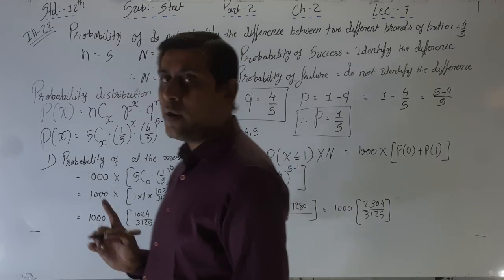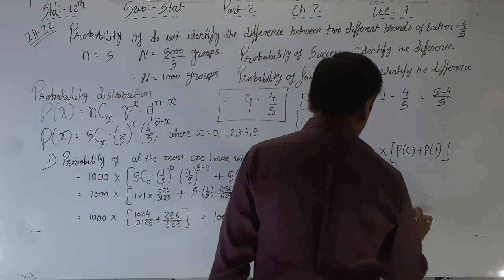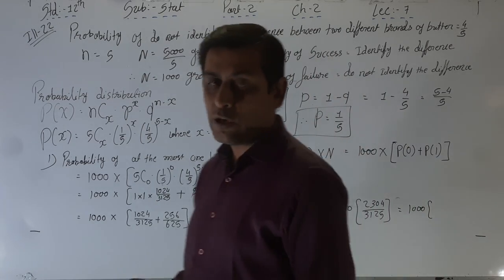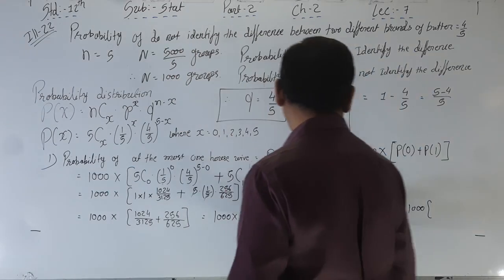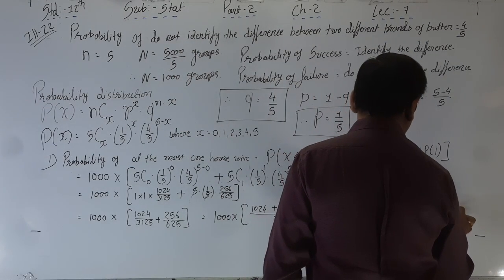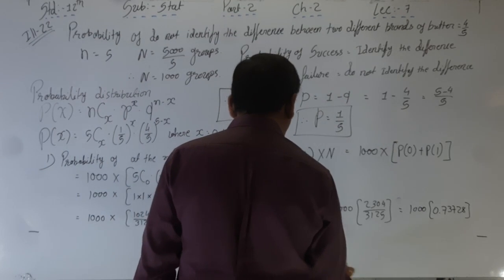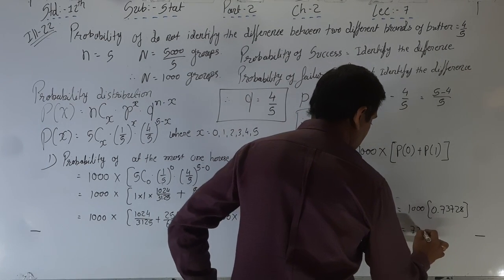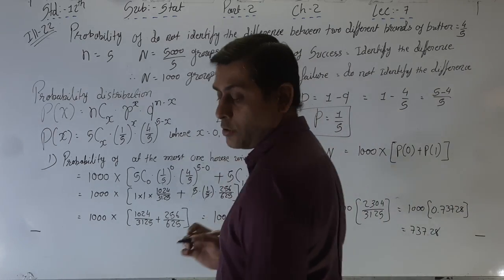Divide it and multiply with the 1000. So first of all, 2304 divided by 3125 is equal to 0.73728, and now multiply it with 1000. That's why the final answer is 737.28 groups.